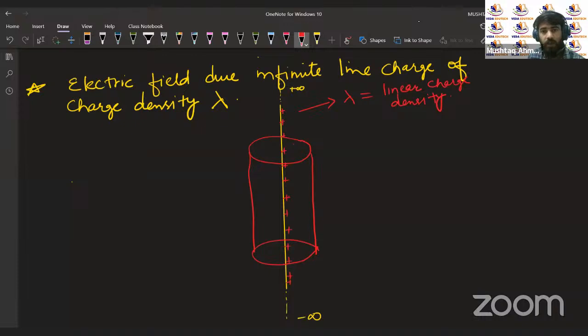And let's suppose the radius of this cylinder is small r, and suppose the length of this cylinder is capital L. And we know that electric field will be directed in this direction like this because of this line charge density. And here it will be like this.